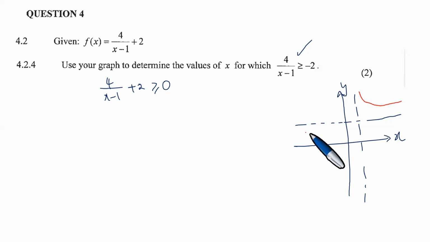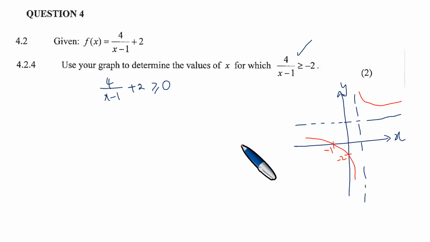Okay, need to draw it carefully. Need to change the bottom part. This part here, I need to draw with much caution, so it must cut through there because it cuts through -1 for x and it cuts through -2 for y.